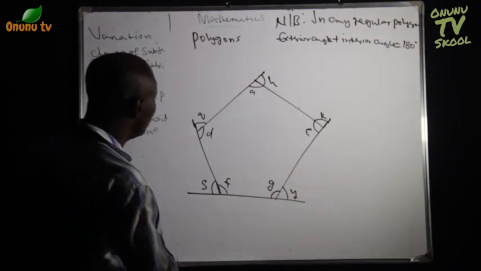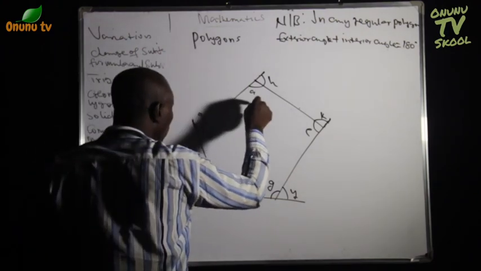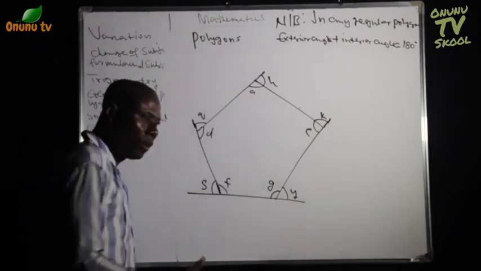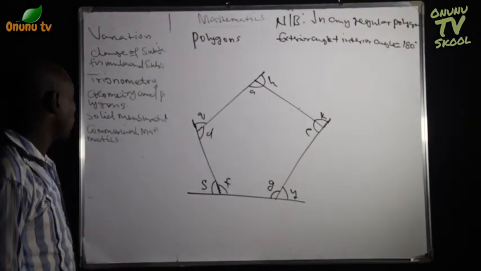How do we find the interior angle? Supposing we want to find the sum of the interior angles of a polygon. How do we do that? There's no big deal. It's a simple formula.